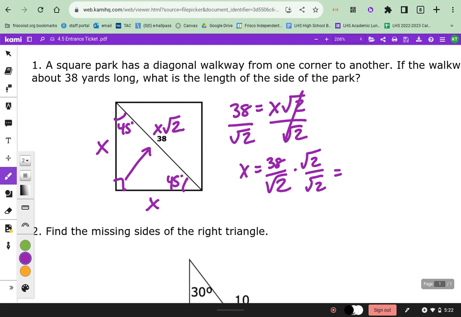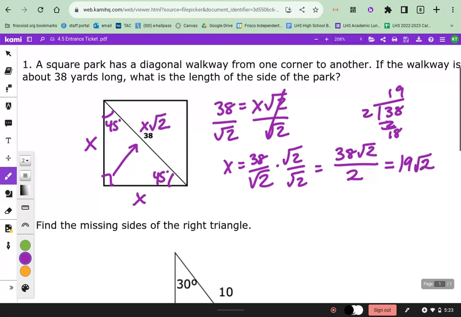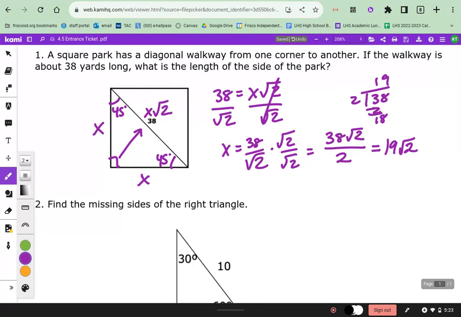This gives me 38 square root of 2 over 2, which I can further simplify to, let's see, I'm trying to do fast math in my head. Let's see, 19 square root of 2. So the length of one side of the park is 19 square root of 2 yards.